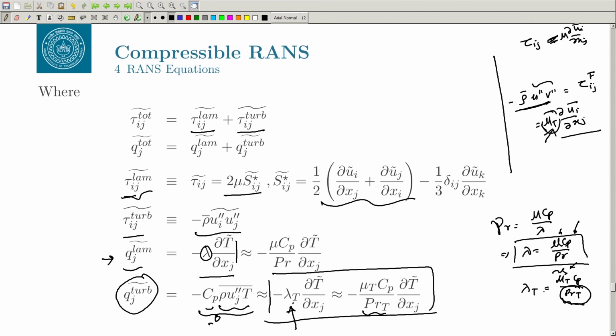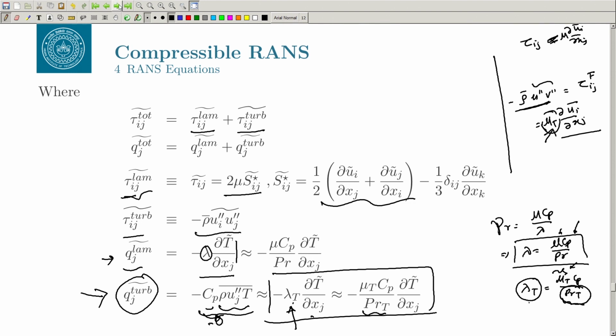This is again modeling, and from the turbulent Prandtl number we will get the turbulent thermal conductivity lambda t, and that lambda t will determine our turbulent transport of heat. This is important for the energy equation. This was not there in the incompressible flow.